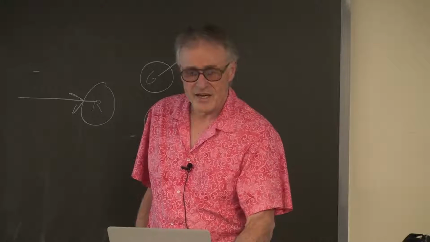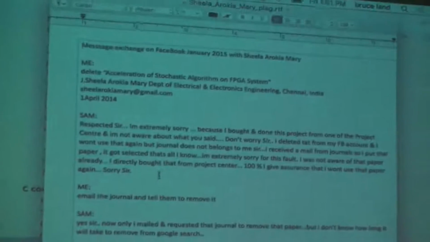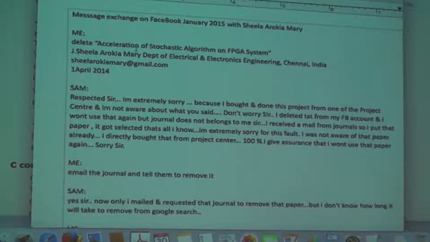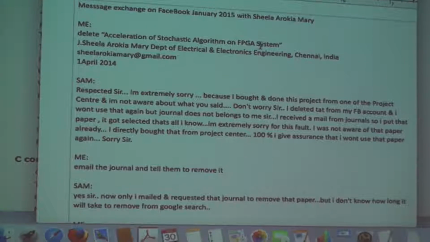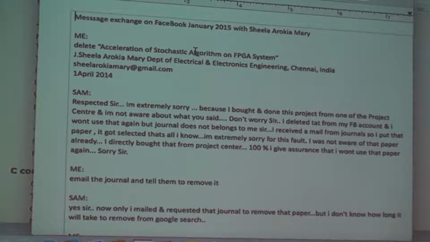Another plagiarism event happened in 2015. I haven't really done much with this, so it's a little bit cruder. I ran across an MEng project, acceleration of stochastic algorithm on FPGA system, done by one of my students.